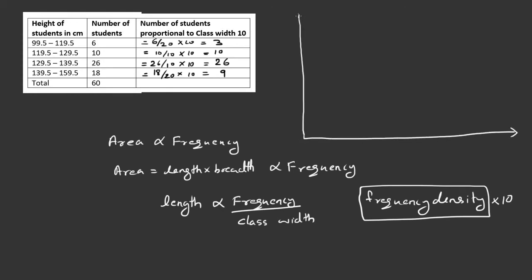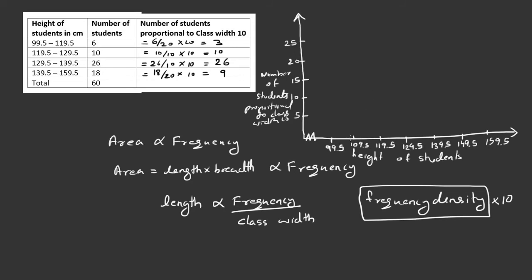Similar to the previous cases, I have to take the height of students on the x-axis and the number of students proportional to class width 10 on the y-axis. Mark with a suitable scale, not starting with 0, so mark a kink. Draw the bars corresponding to the number of students proportional to class width 10.